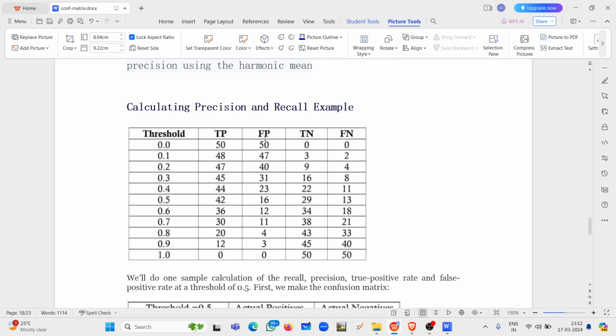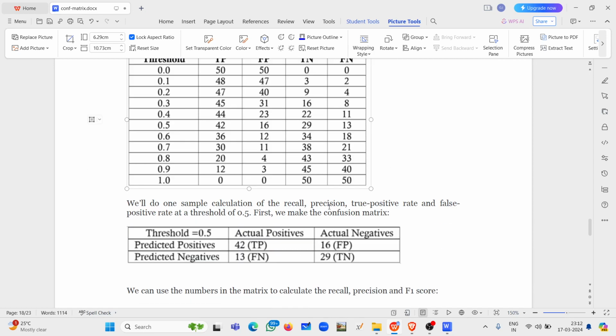Say threshold 0, threshold 0.1, the threshold will be from 0 to 1, for example. Suppose I go for a threshold of 0.5 here. I am taking the threshold value as 0.5: true positive is 42, false positive is 16, false negative is 13 and true negative is 29.